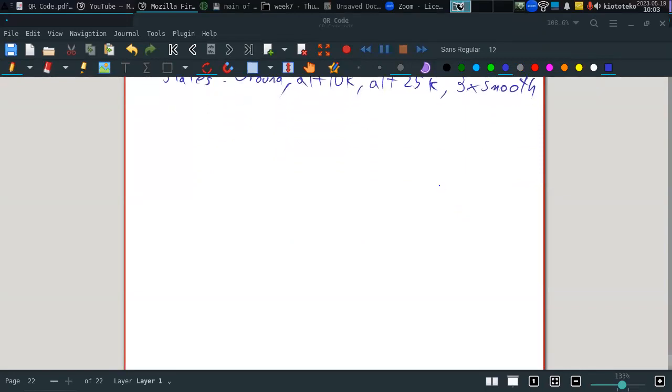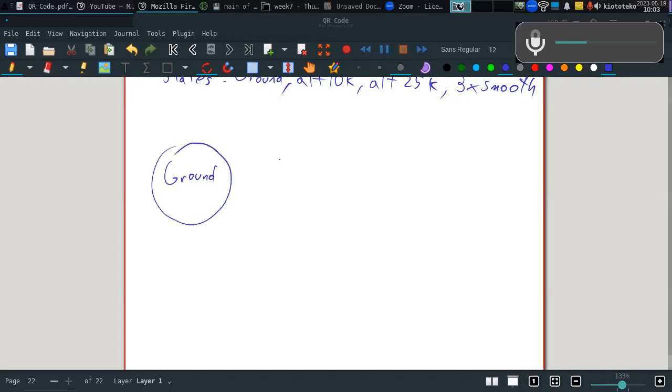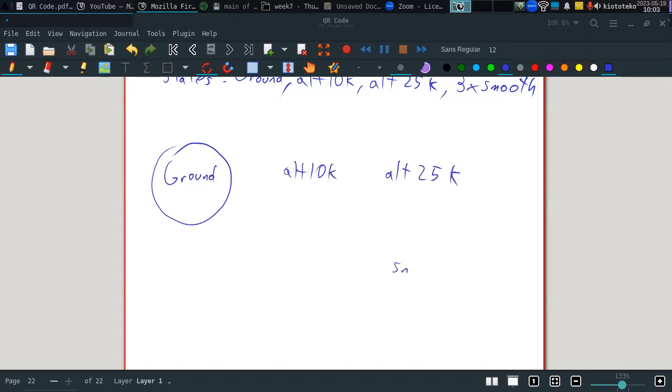And let's see how we draw this Moore machine. So it's Alt 10K, Alt 25K. We have smooth number 1. We have smooth number 2. And we have smooth number 3.